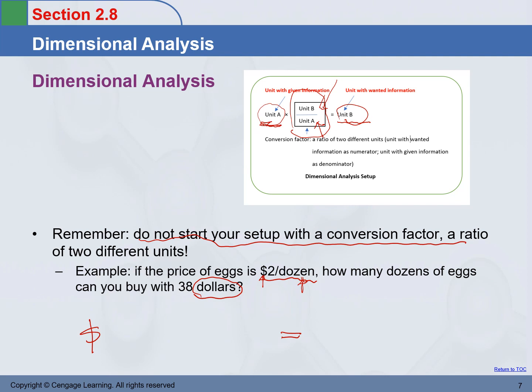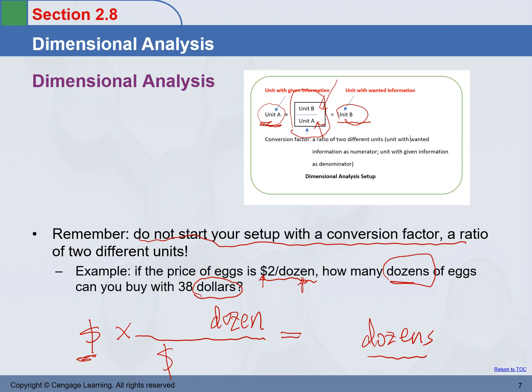Wanted unit on the top of the equal sign. Wanted unit is how many dozens? Okay, dozens on the right. After this, you put in between here a conversion factor. The conversion factor needs to be set up in such a way that the unit with given information is at the bottom. The unit with wanted information is on the top.